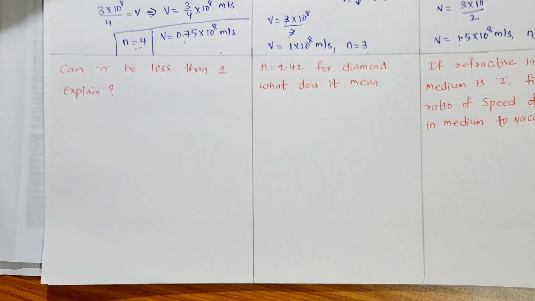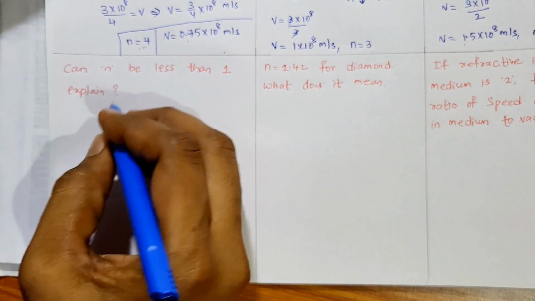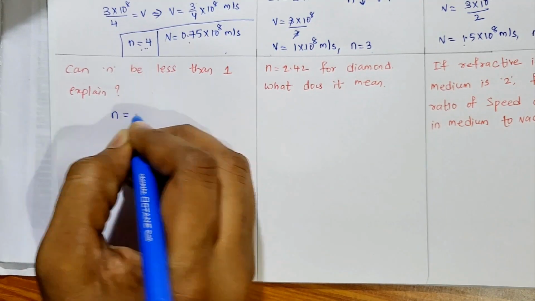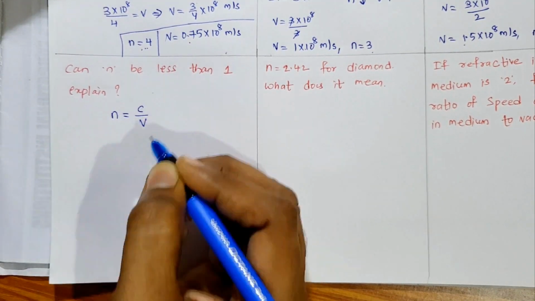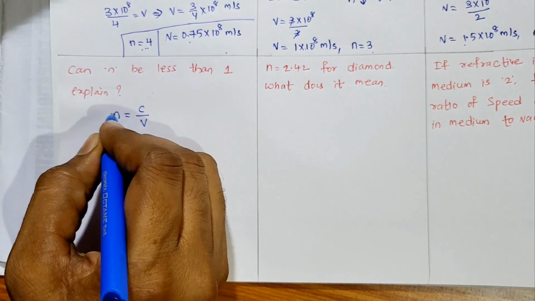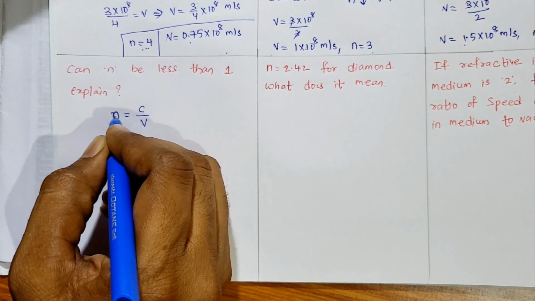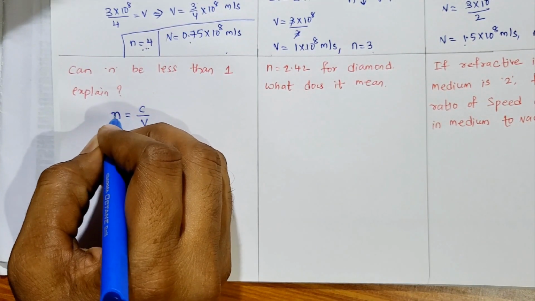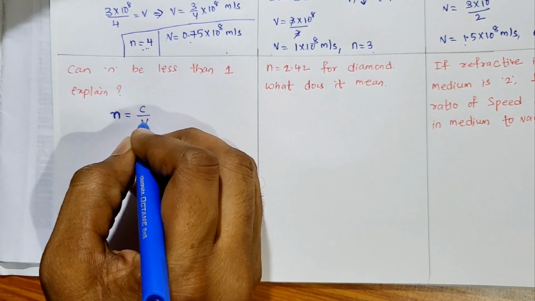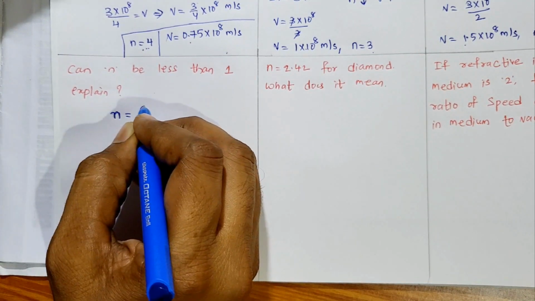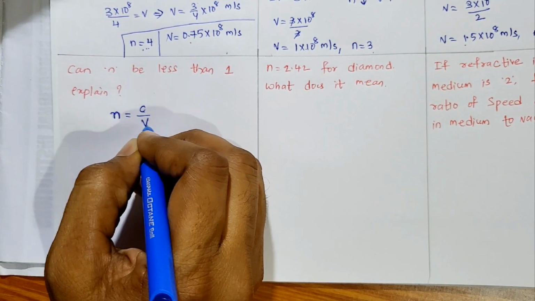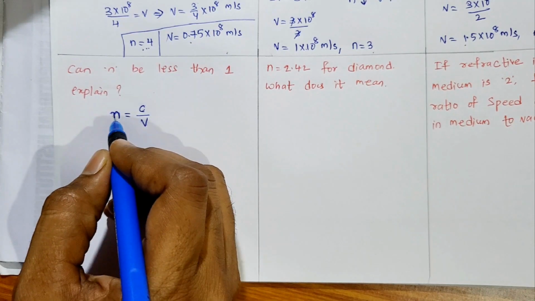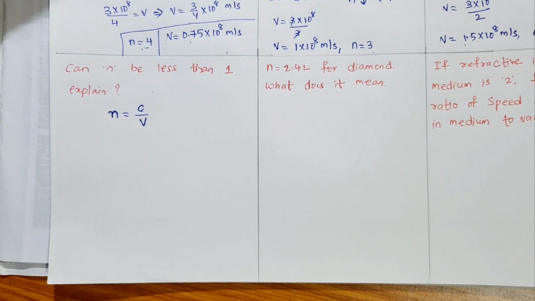Why? Because the absolute refractive index formula is n is equal to c divided by v. If you want this n value lesser than 1, first understand when this n value will be lesser than 1: when v is greater than c. When v becomes greater than c, then n will become lesser than 1.